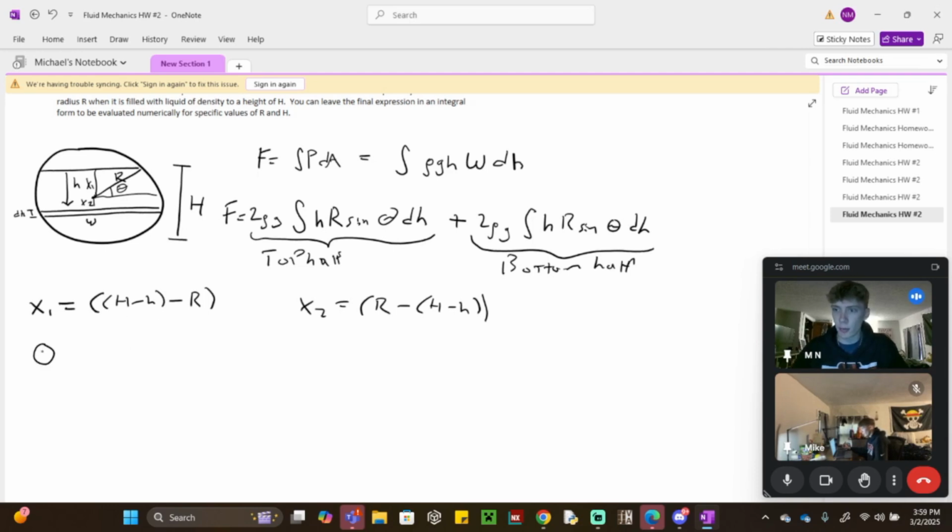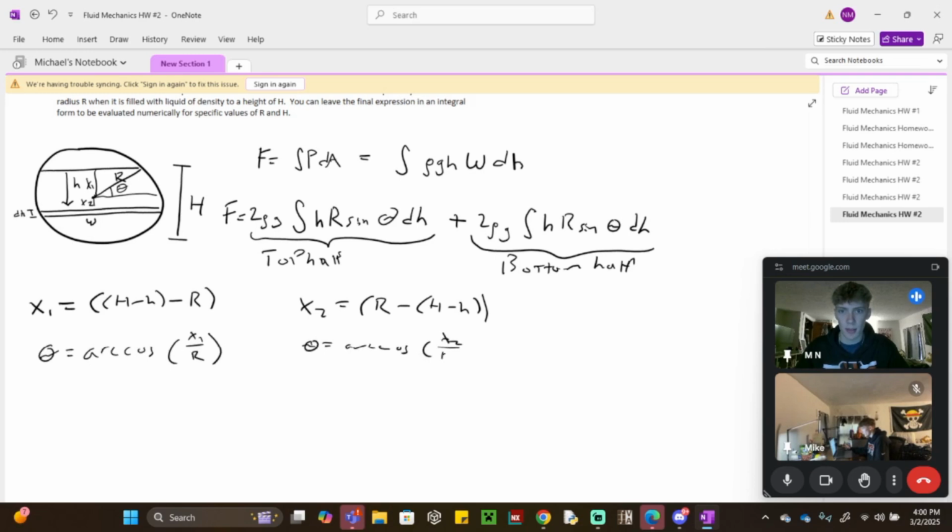So theta will be equal to the arc cosine of each respective x. This is the top half theta, and this is our bottom half theta.